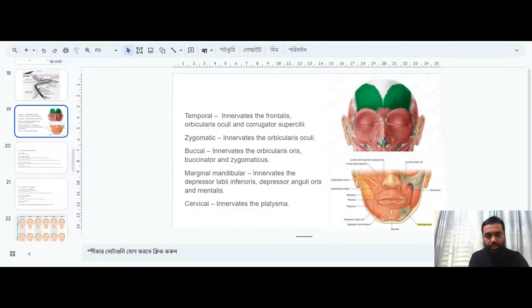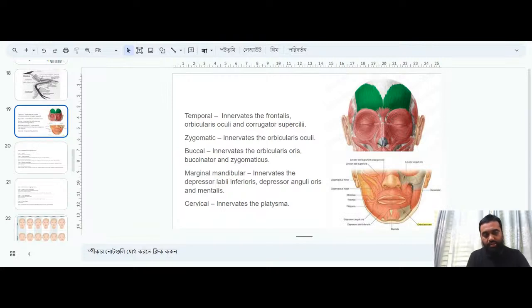That means it innervates the depressor labii inferioris and the depressor anguli oris, this angle and this lower lip. So when there is the palsy of this marginal mandibular nerve, that means mandibular branch of the facial nerve, then there is difficulties in maintenance of the angle of the mouth.